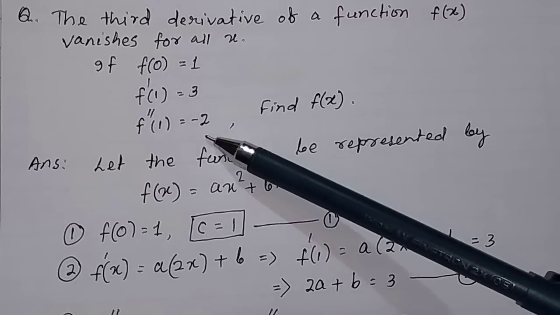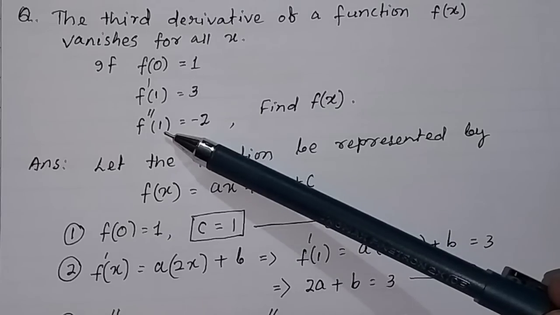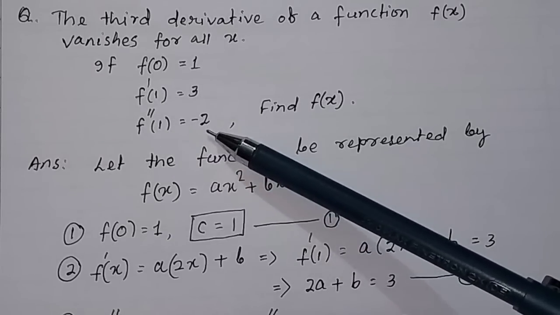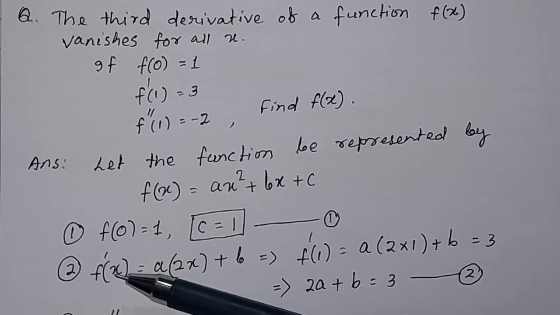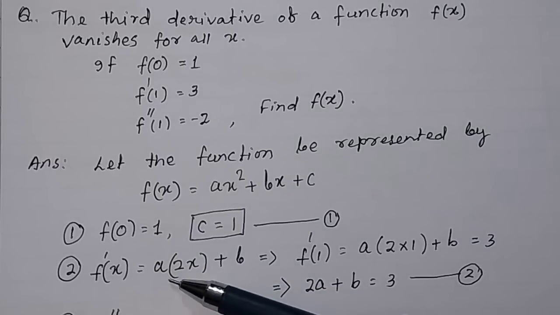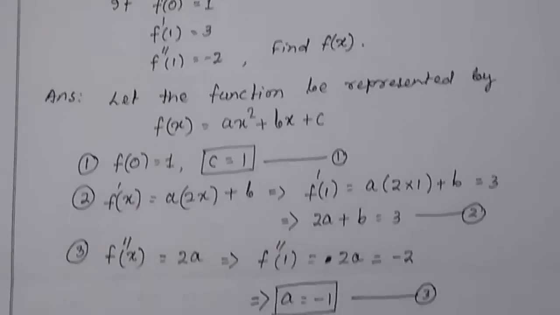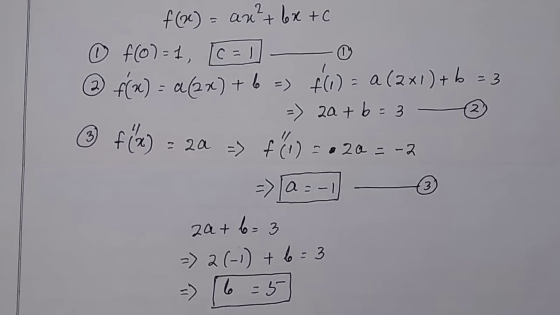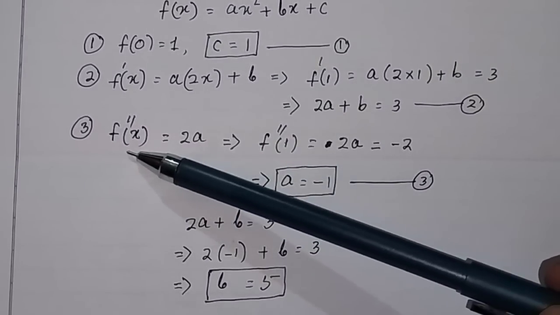Now let us check the third condition. The second derivative of the function at x equal to 1 is equal to minus 2. The first derivative we have found is f'(x) = 2ax + b. So now let us find the second derivative, f''(x).